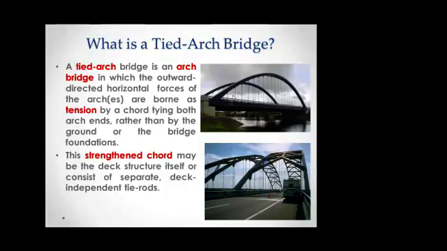So that is the concept of the tied arch bridge. And this strengthened cord may be the deck structure itself, or it may consist of a separate deck with an independent tie rod also. You can see this picture side by side. It will explain what I am telling you and give a clearer picture.